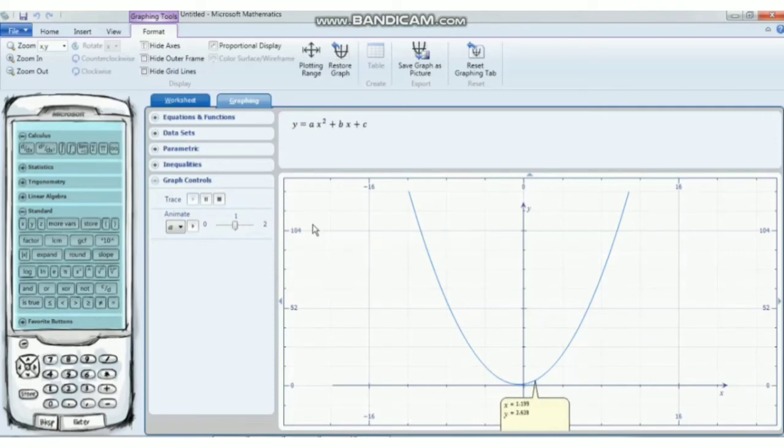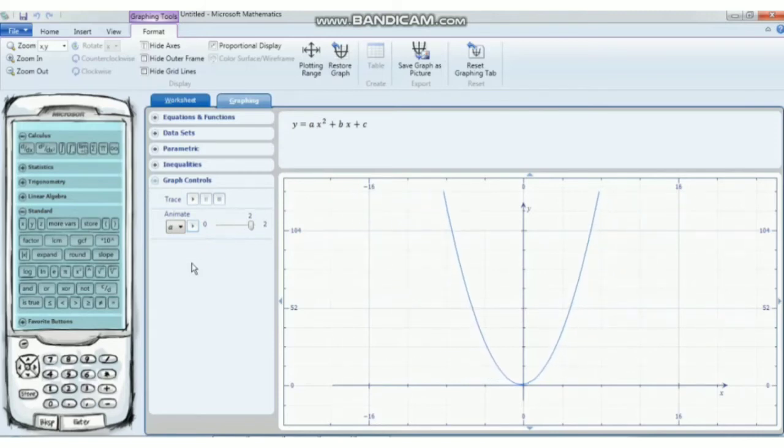Also, we can animate the variables of the quadratic equation. We can animate the a variable, b or c variable.